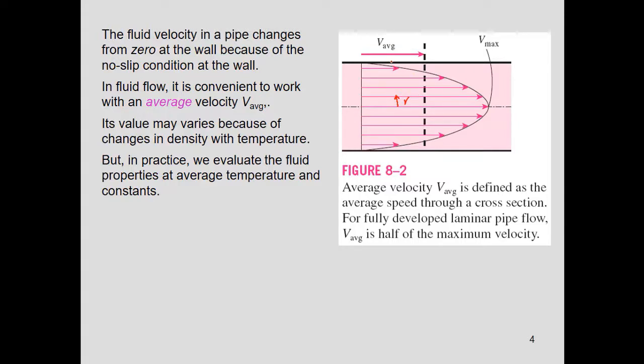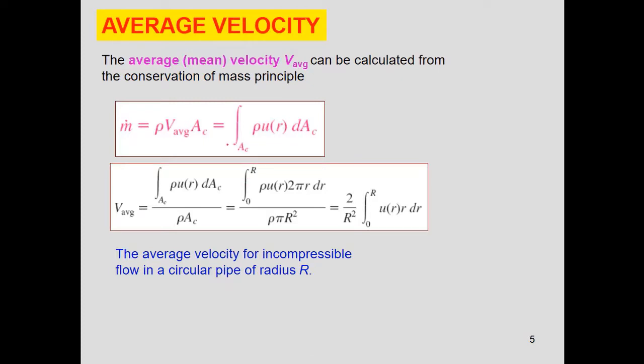As you can see here, this is V average, this is u at this r, u at different r. So this is the relative velocity.